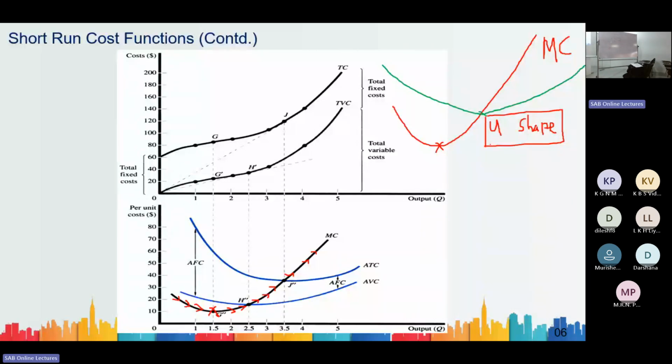This is the minimum point of average variable cost. Before reaching the minimum point, it is decreasing, and then it reaches the minimum point, and afterward it starts to increase.